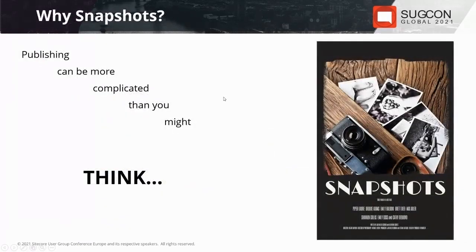There are challenges when doing the publishing operation, and there could be different ways of approaching this. We have chosen to work with snapshots, and in this case, we are working with only a single snapshot, which of course provides some problems because basically we are publishing out everything, and of course the bigger your site becomes, the more you need to publish.